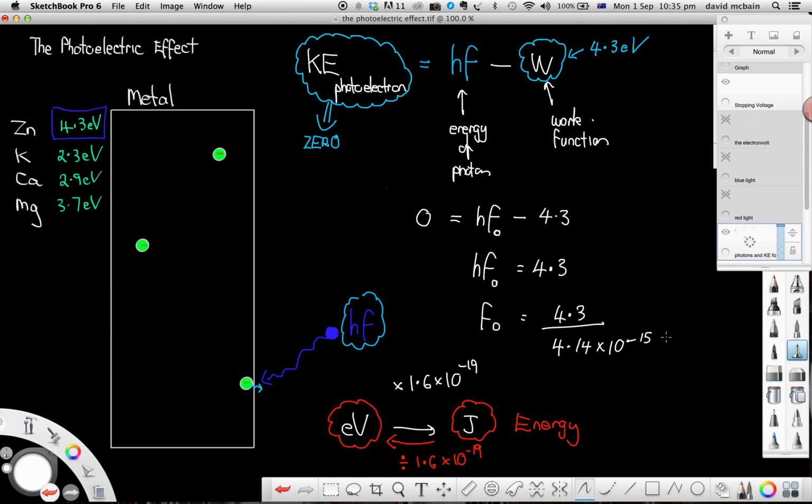And if we perform that calculation, we find that 4.3 divided by 4.14 times 10 to the negative 15 ends up equaling 1.04 times 10 to the power of 15 hertz. And that, I am fairly certain, is in the UV part of the spectrum.